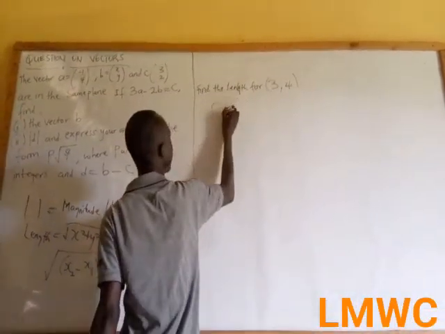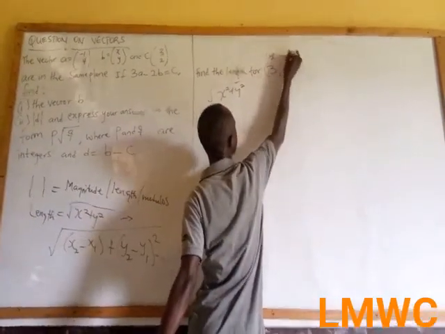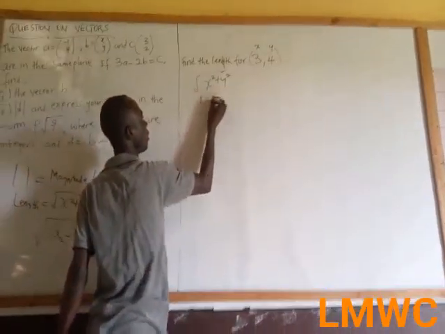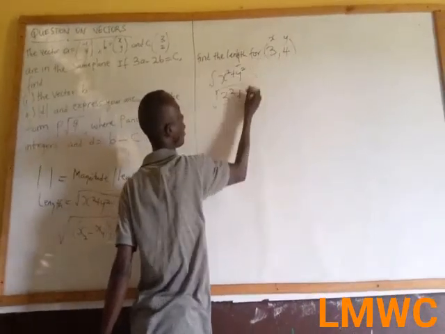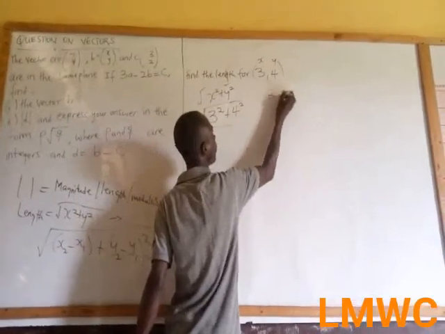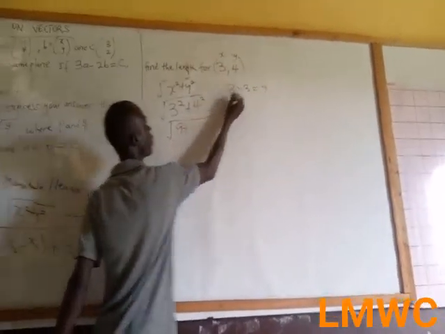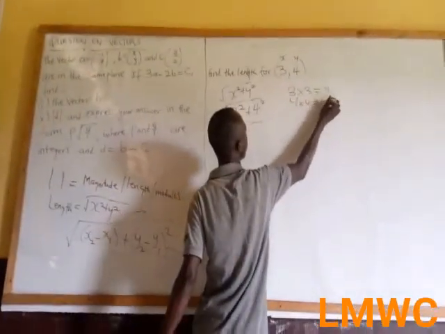The formula is x squared plus y squared. This is x, this is y. It is 3 squared plus 4 squared. So 3 squared is 3 times 3, which is 9. And 4 squared is 4 times 4, which is 16.